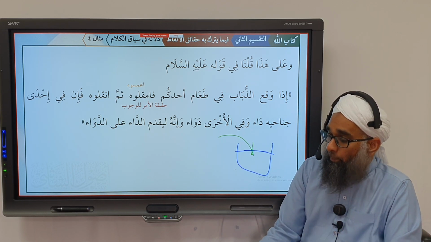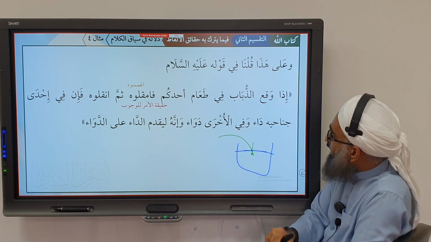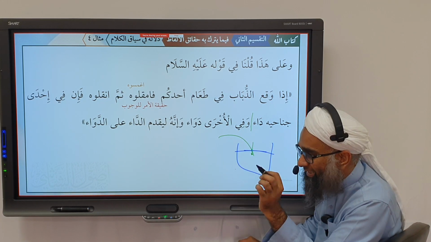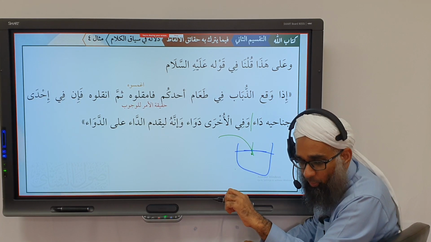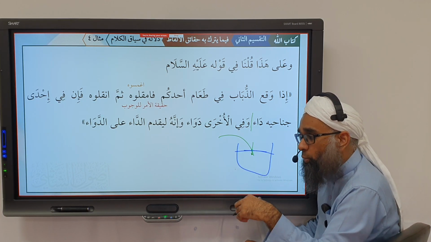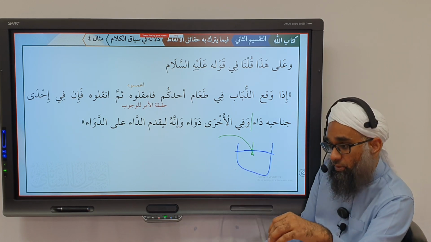But if you look at the next sentence, the Prophet gave a reason. فَإِنَّ فِي إِحْدَى جَنَاحَيْهِ دَاءٌ. In one of its wings is an illness. وَفِي الْأُخْرَى دَوَاءٌ. In the other there is a cure. وَإِنَّهُ لَيُقَدِّمُ الدَّاءَ لِلدَّوَاء. Usually when the fly goes into the water, what does it do?